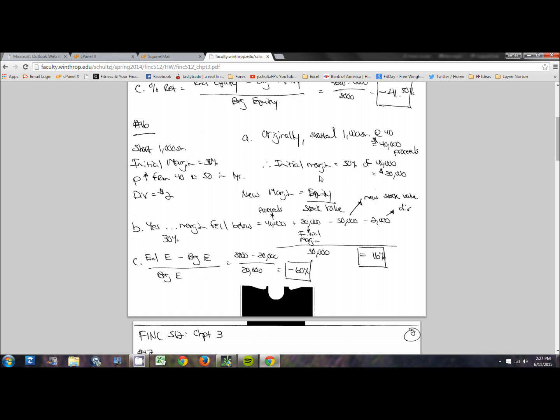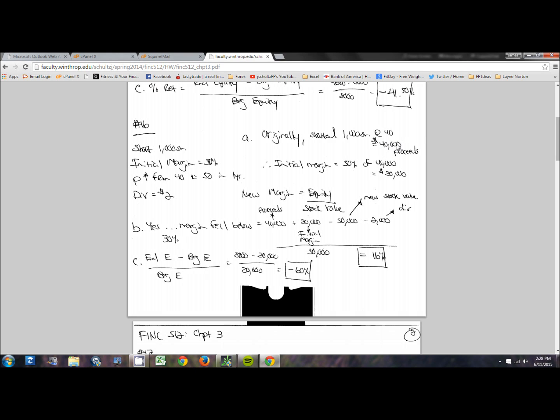Now, remember, you are required to have at least an initial margin of 50%. And this problem told us that you had an initial margin of 50%. Here's basically what that means. If you shorted $40,000 worth of stock, let's foreshadow where we're going next.